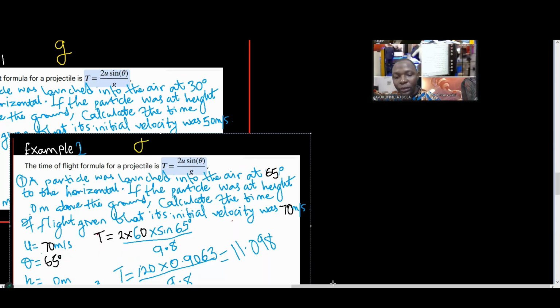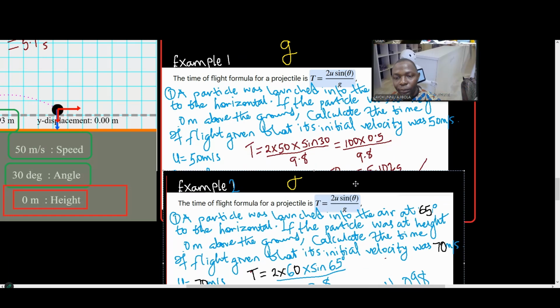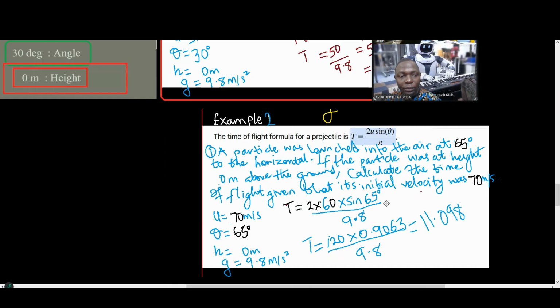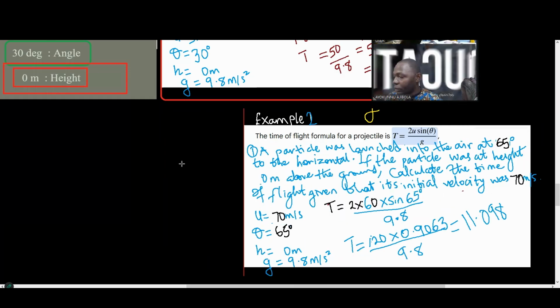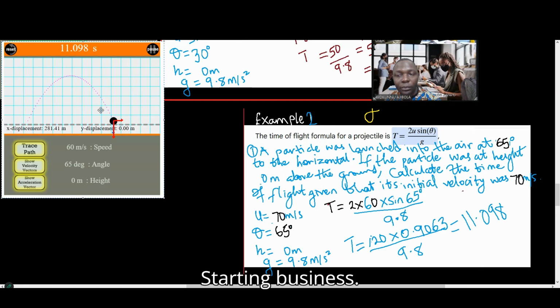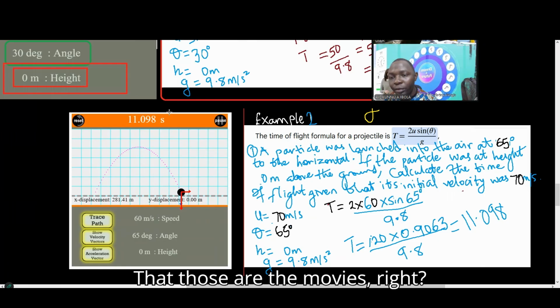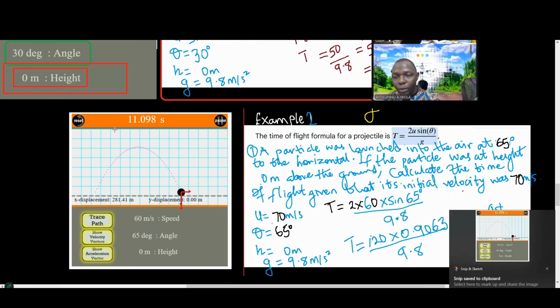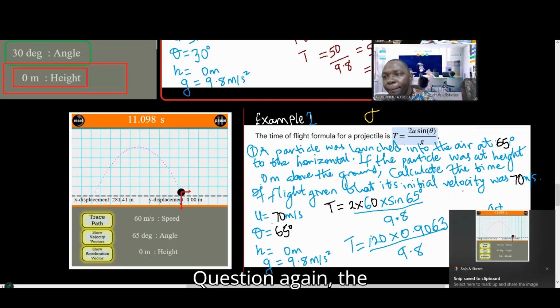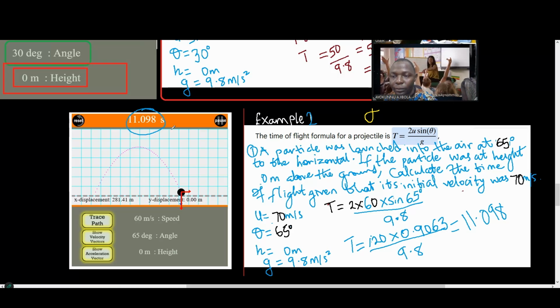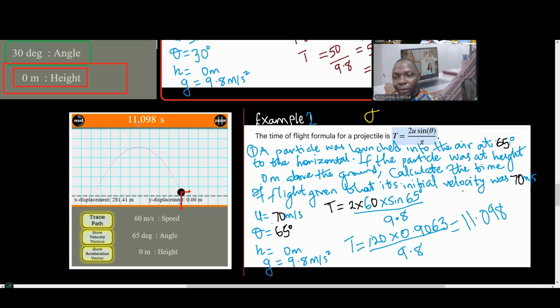So write the second example. So we're able to confirm the time of flight to be equal. Are you writing?